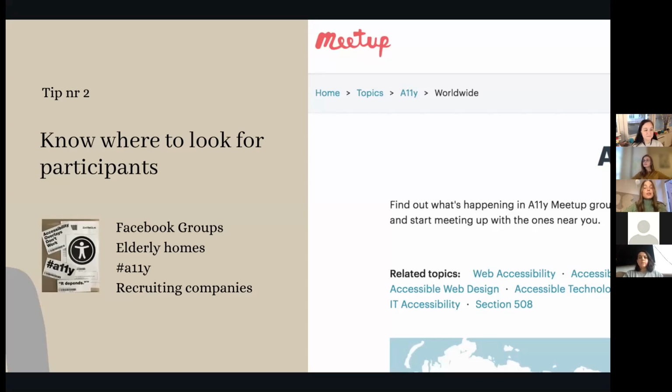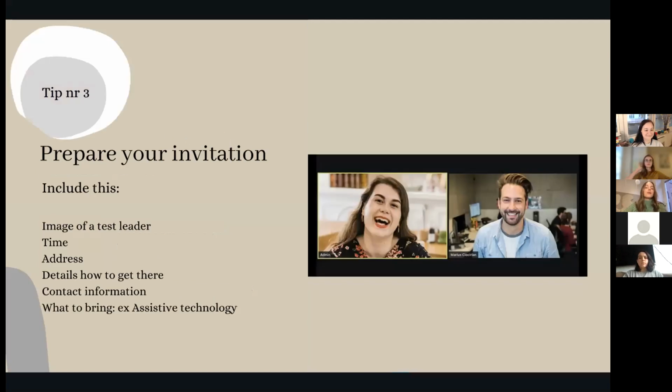Tip number 3 would be to prepare your invitation. A good invitation will both make the test subject more comfortable and reduce the number of people who don't show up at the test session. So make it clear in the invitation what is going to happen. I have also called people so that they recognize me, and we can have a little chat.